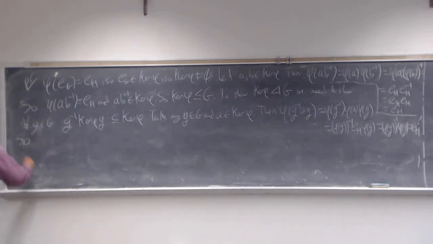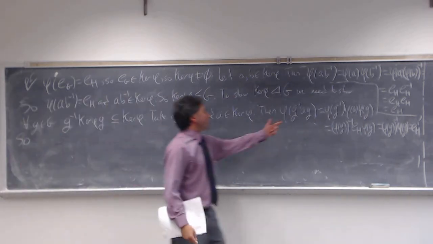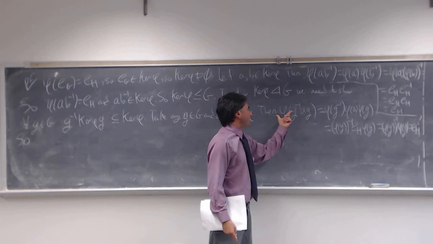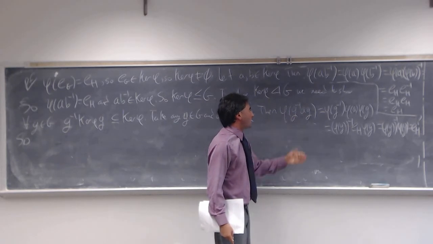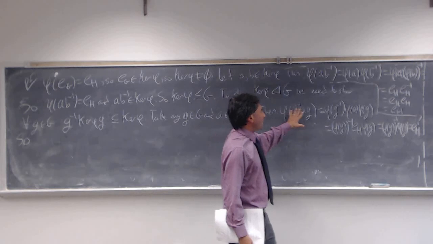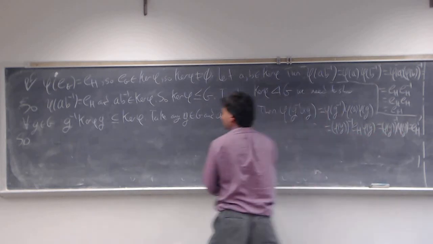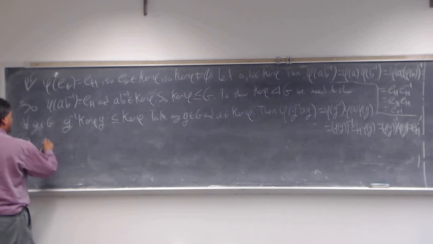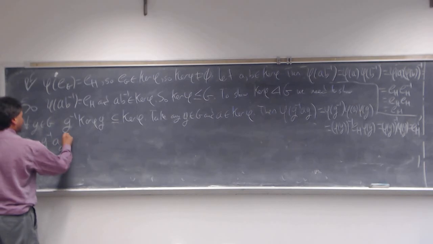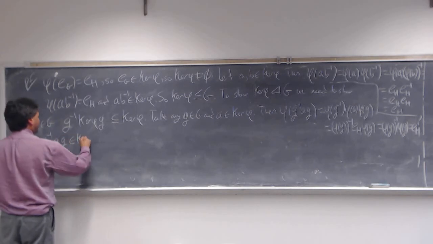So what the heck does that show? I think that shows if I take this element and stick it into phi, for any G and any A, I get the identity. That means that G inverse AG is in the kernel of phi.